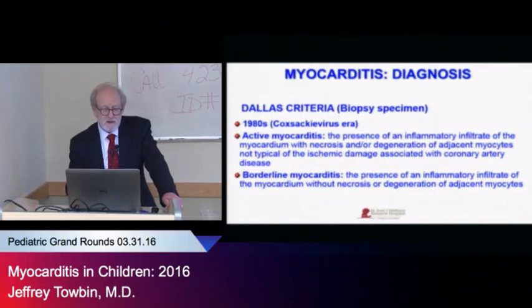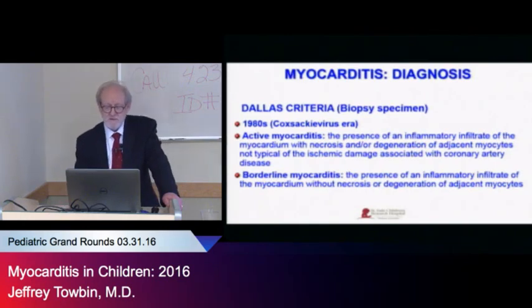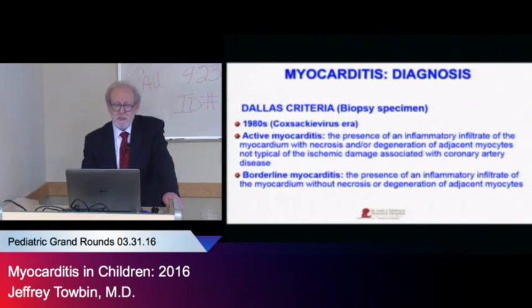And they basically broke it down into 2 types: active myocarditis, where the presence of an inflammatory infiltrate under the microscope in the myocardium demonstrated necrosis or breakdown of the heart muscle cells, degeneration of adjacent myocytes. That wasn't what looked like ischemia in the adult world. And the coronary arteries were normal in these patients.